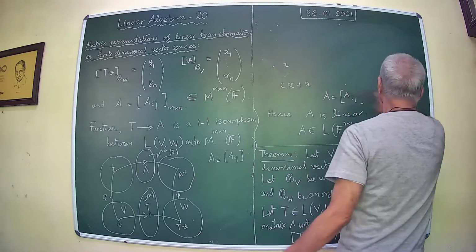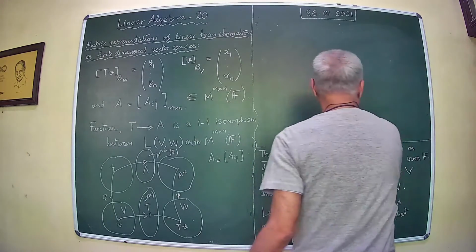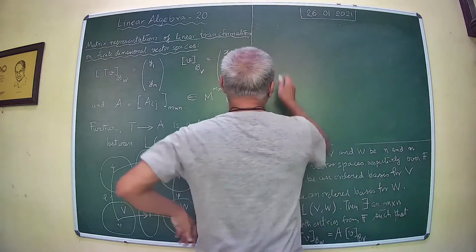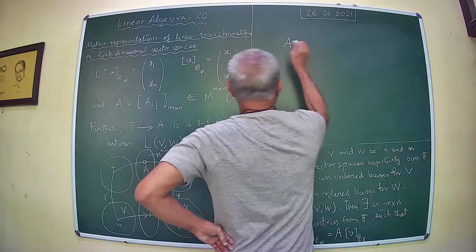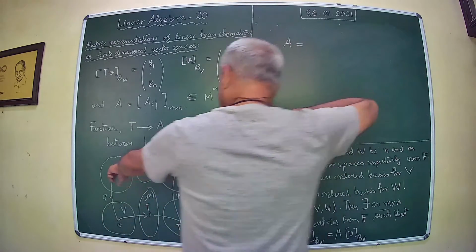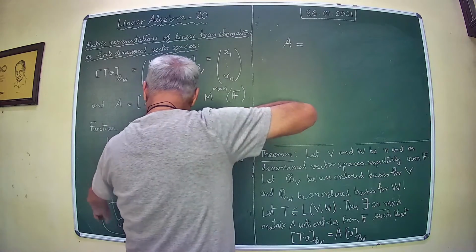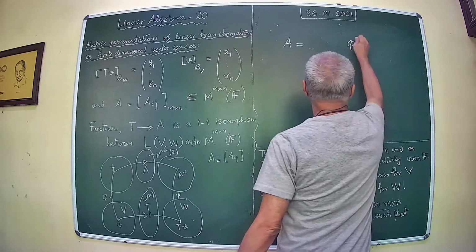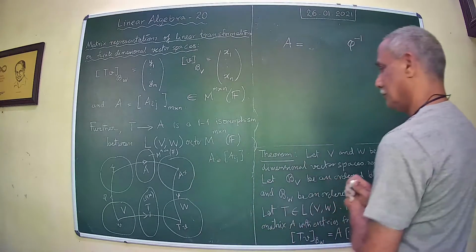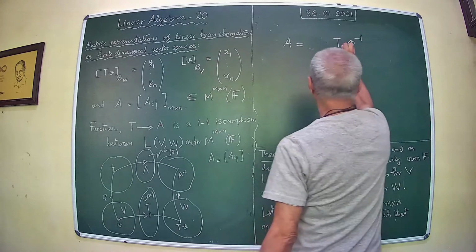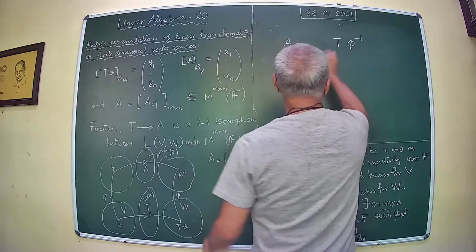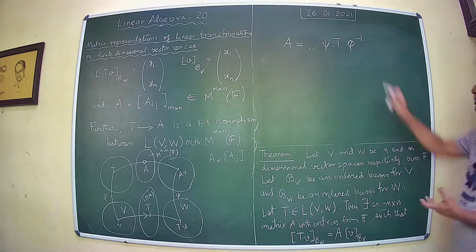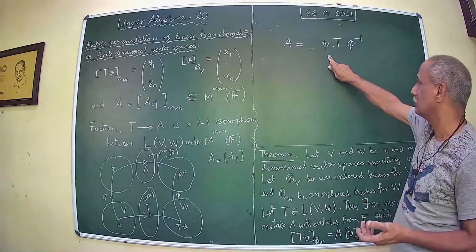Okay. So what we do? We just note down these things. What is A? A is in fact psi inverse T phi, and you know that both phi and psi are isomorphisms, right?